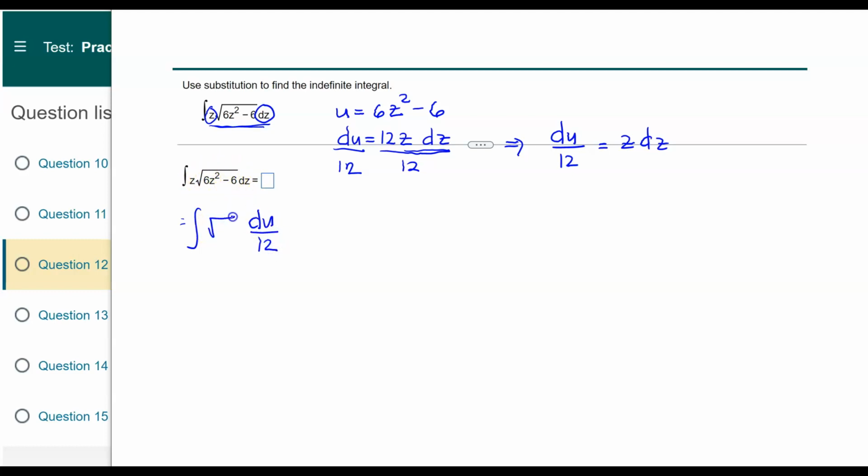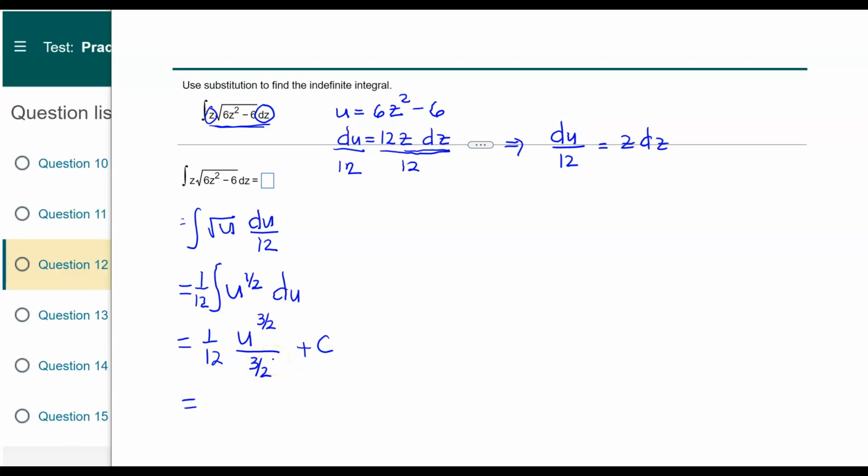And this is the square root of u. The radicand is u. So you are going to integrate the square root of u. Now, to integrate the square root of u, you write that as u to the 1/2. Now, the 1 over 12 here may be taken outside of the integral. And so, you're just going to integrate u to the 1/2. So, copy 1 over 12. The integral of u to the 1/2 is u to the 3/2 over 3/2 plus c, as you add 1 to the exponent. Then, you simplify this.